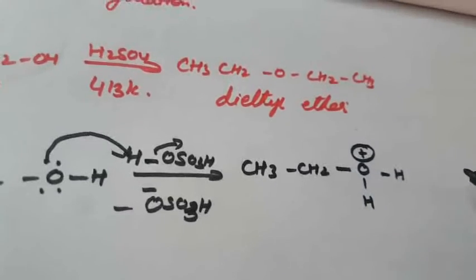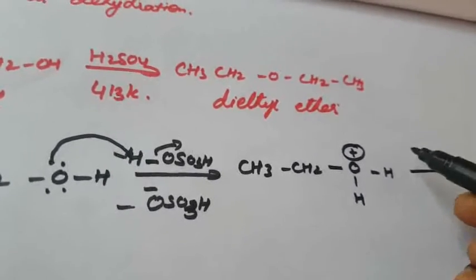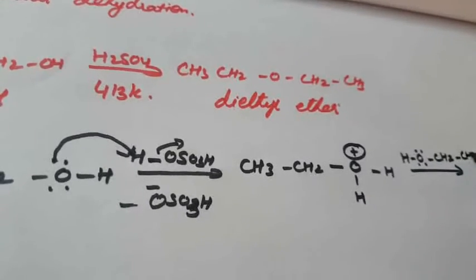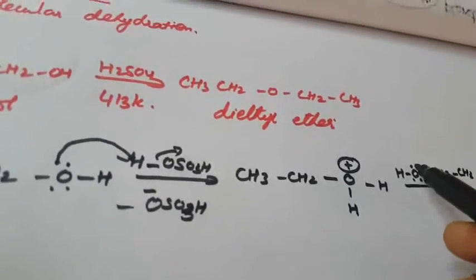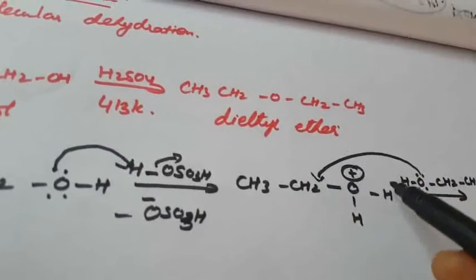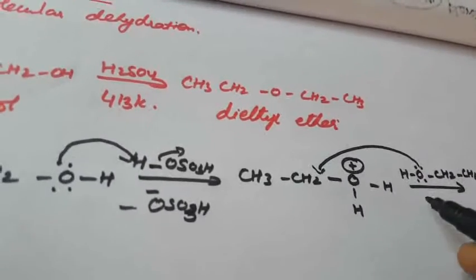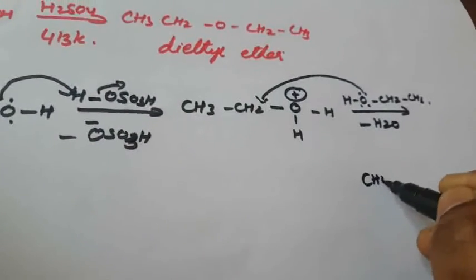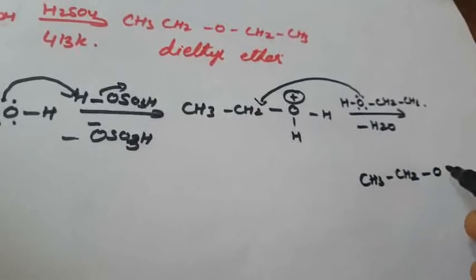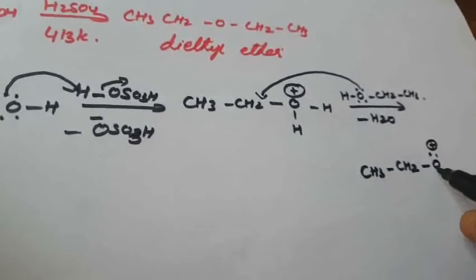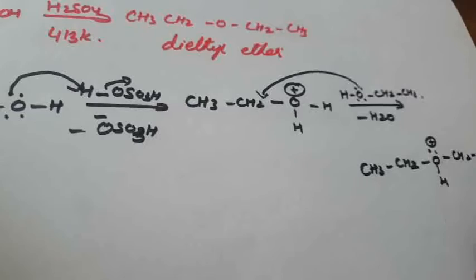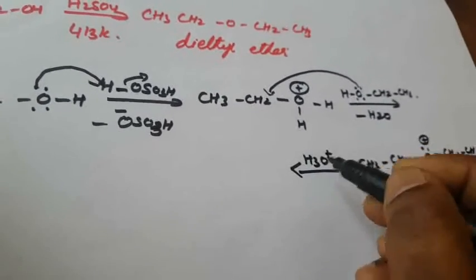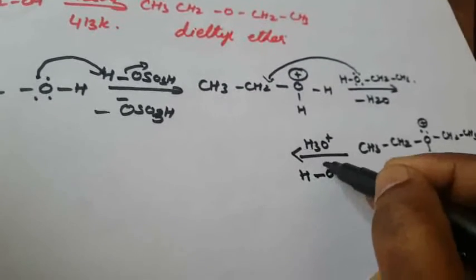Okay. So next step is again it will combine with another alcohol. So that is O, then CH2CH3. Okay. So what will happen now? This oxygen is attached to this compound. This compound is liberated. So that is water molecule will be liberated. So what is the next compound? That is CH3CH2O, that is again positive charge, then H, then CH2CH3. Okay, now again the hydronium ion, that is H plus ion, OH.